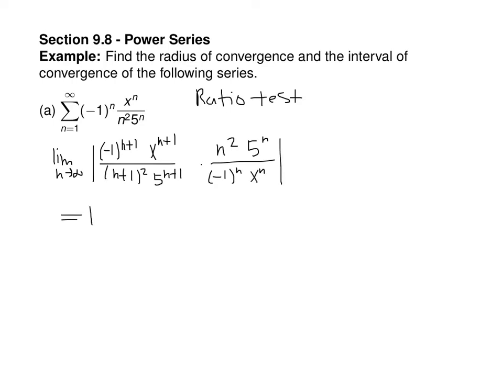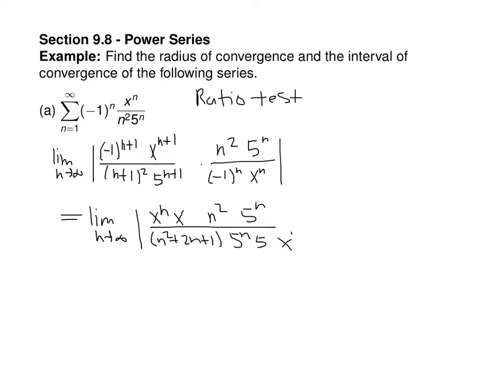So the negative 1s will absolute value to 1, so we can kind of ignore them. So the limit as n goes to infinity of, so x to the n plus 1 is x to the n times x, n squared 5 to the n, over n squared plus 2n plus 1, 5 to the n times 5, x to the n.